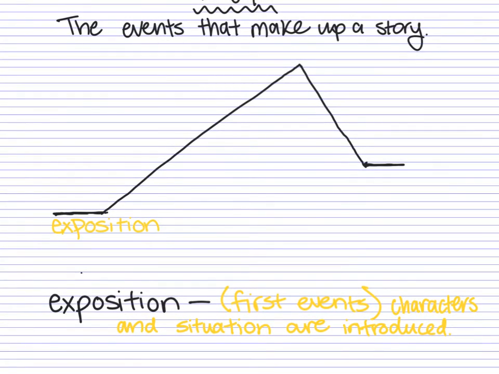Next part of our diagram up here, and I'm focusing back up here because we did our exposition, which represents the first couple chapters. Now we're going to talk about this really big piece here. It's a really big chunk. This, sixth graders, is our rising action.